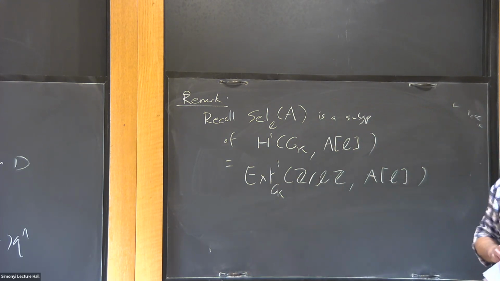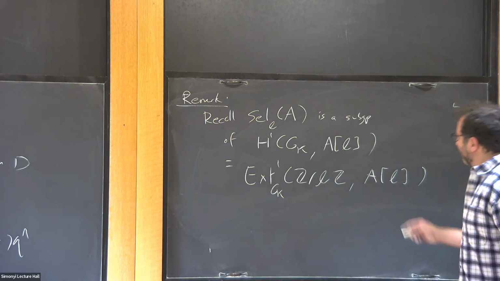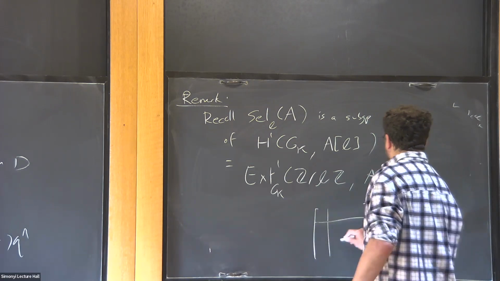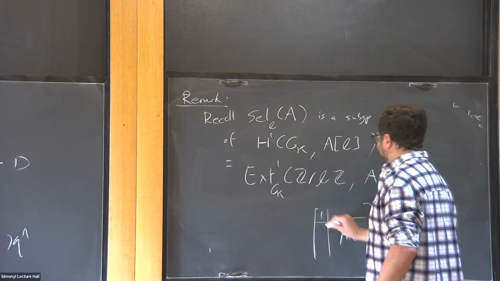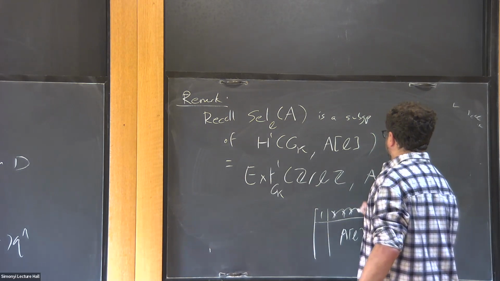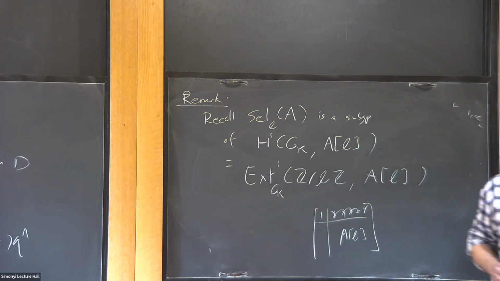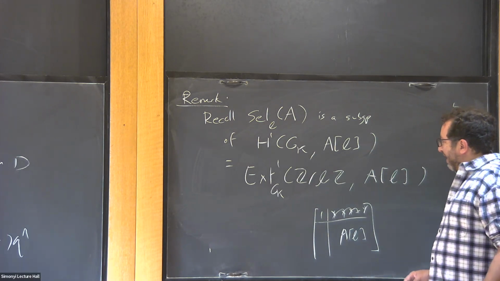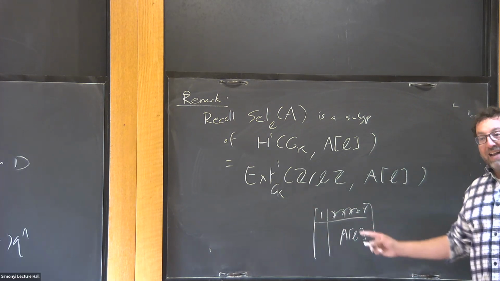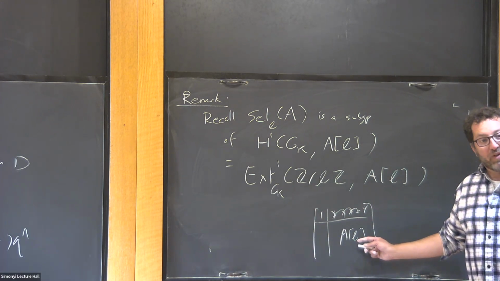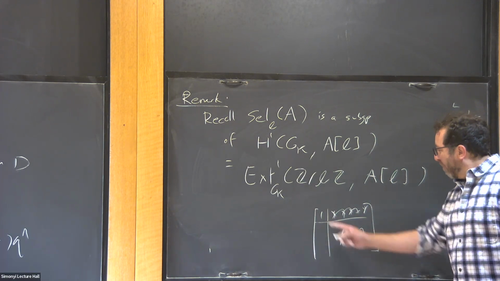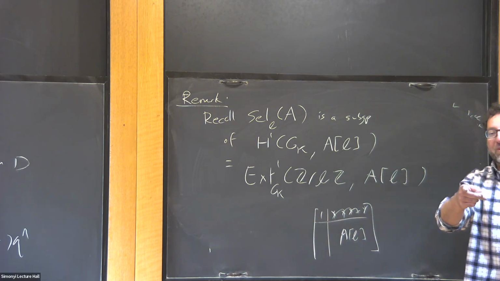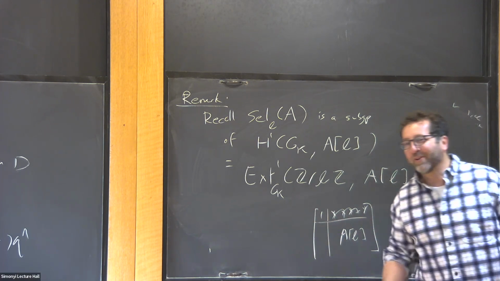And so we could think of it as, what's an extension of A[L] by Z mod LZ? It's a thing that looks like this. So there's an A[L] here, and there's a 1, and then there's some stuff. So what it really is is a Galois representation, but not an irreducible one. It's one that has a subrep and a quotient, and I hope I wrote them in the right place. If I didn't, I wrote it wrong. Okay, everybody transpose this matrix I just wrote down. Sorry, I'm going off notes here.